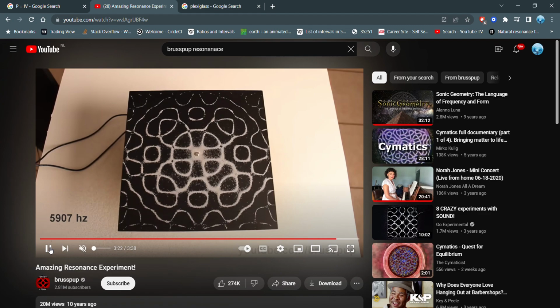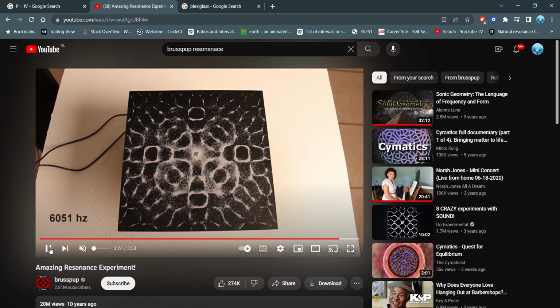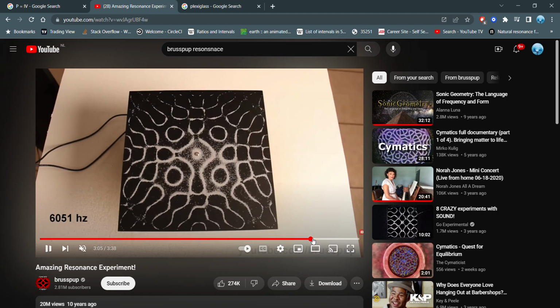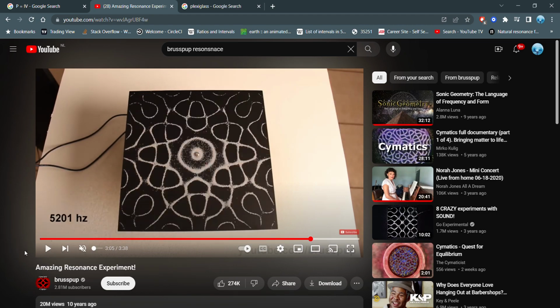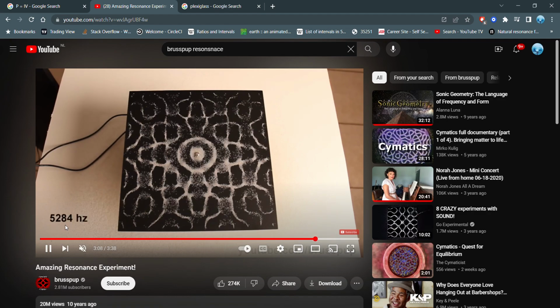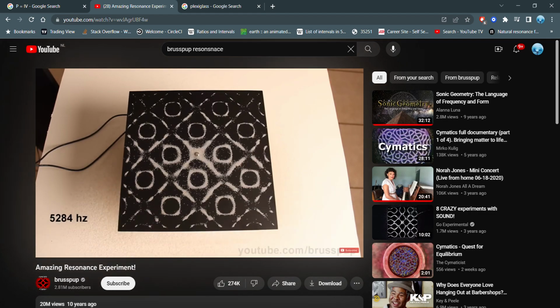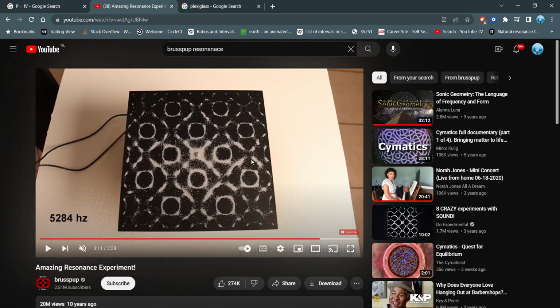The idea is to frequency modulate the plate at 60 hertz. So if you frequency modulate the plexiglass from, let's say, 5201 hertz to 5284, and you keep on going and switching between those two, you're technically changing the volume of the standing waves within the medium.